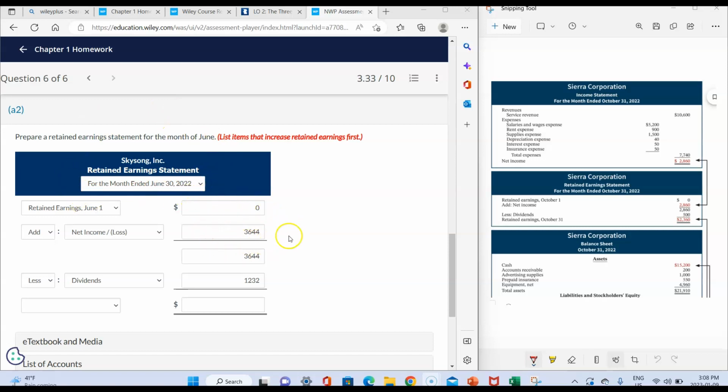The company earned on the owner's behalf $3,644, and they got paid back $1,232. So at the end of the month, at the end of June, we take our beginning plus our net income, which turns out to be the same number, subtract our dividends to get our ending retained earnings.